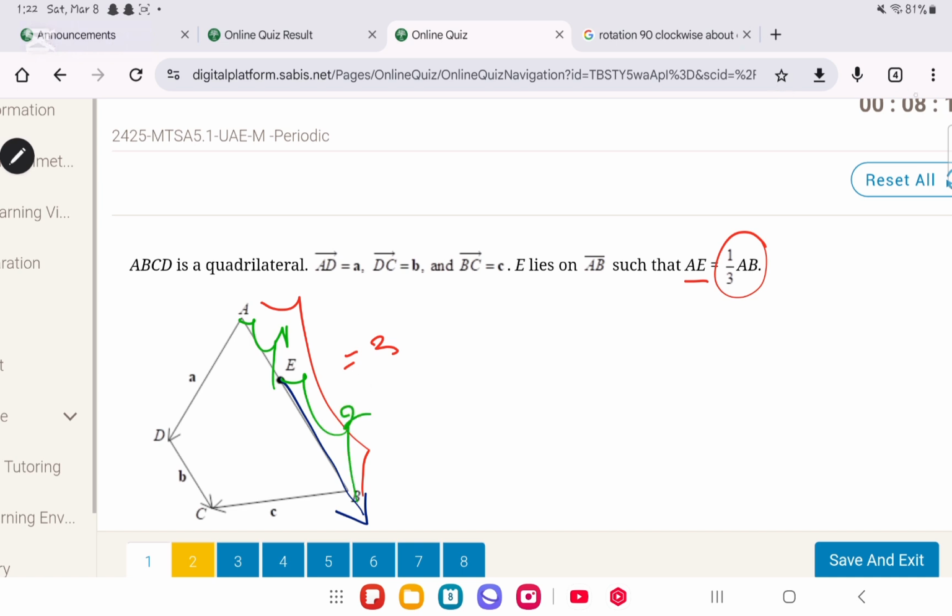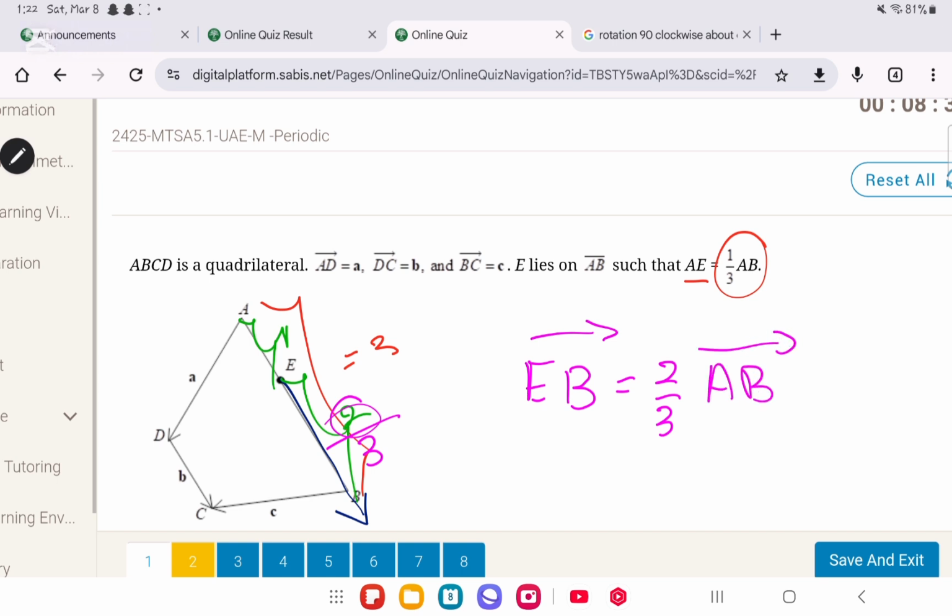This is not their actual values, it's just the relations between them. So if we are looking for EB, it's going to be 2 out of the total, which is 3, of the total segment AB.